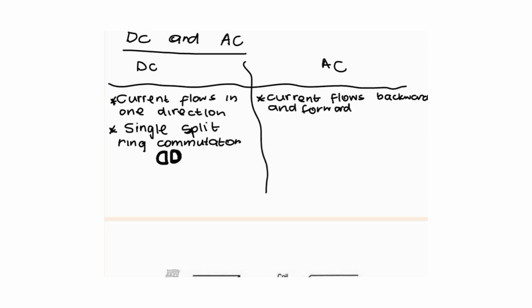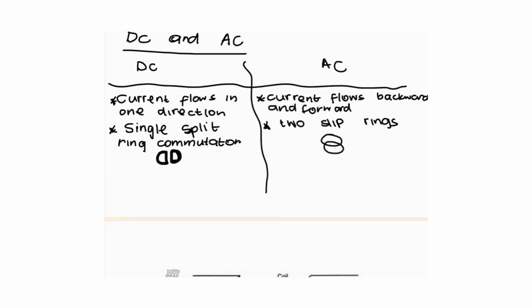And then with our AC, it has two slip rings. In most cases with AC, you'll have two rings that are not split, they are not cut. So that would be the two slip rings.